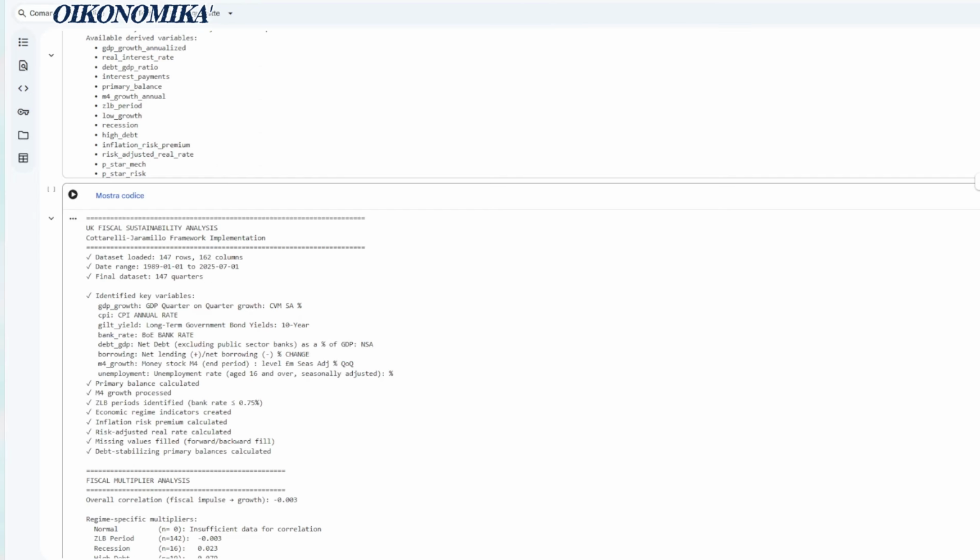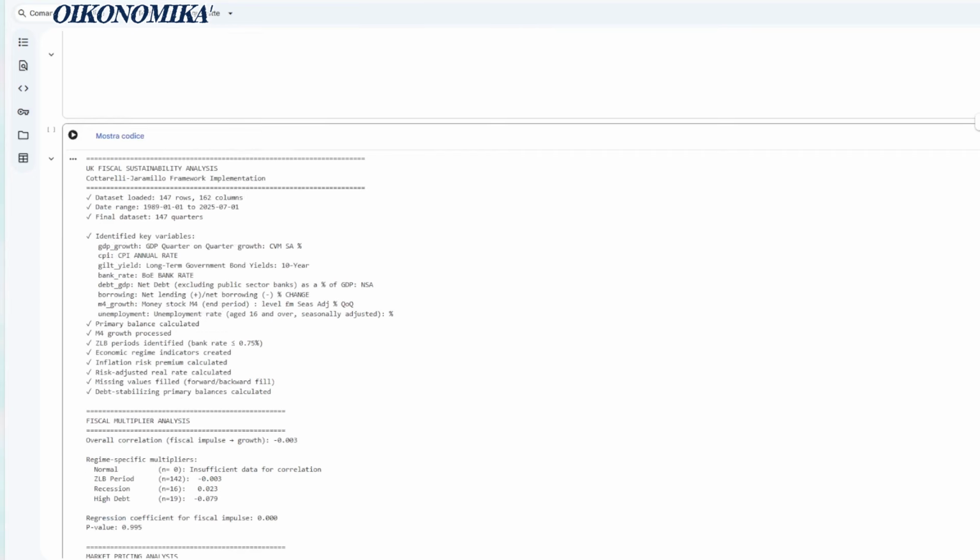So we do some more research and find macroeconomic research literature. Among the many models for fiscal sustainability analysis, we have the Cottarelli-Jaramillo framework.